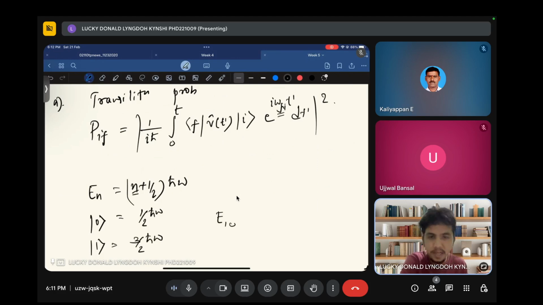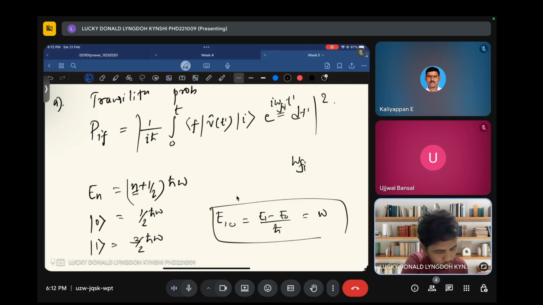Because ω_fi here is related to the energy between the first excited state and the ground state. So E10 means (E1 minus E0) divided by ħ, which will be simply ω. You substitute the value of E1 from here, and E0 from here, and you get E10.